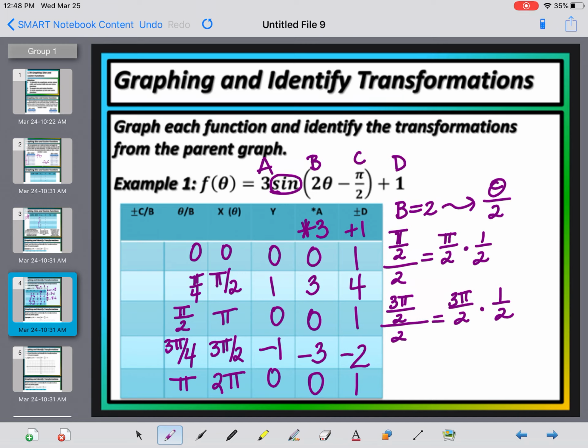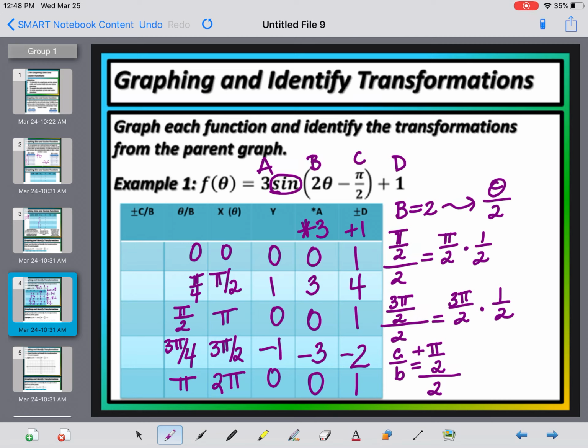Now we need to know what our phase shift is in order to add or subtract it. So remember, when we're doing C over B, we take the opposite sign of C from our equation. So we're using pi over 2, a positive.